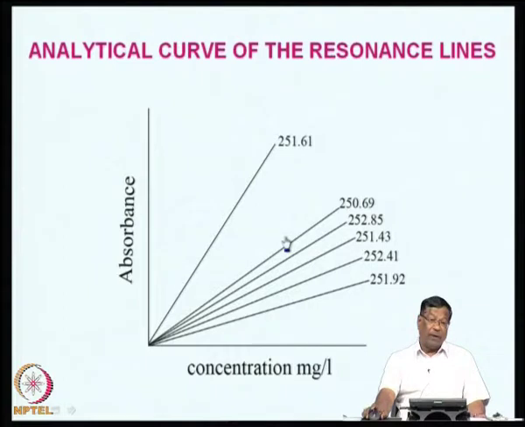In this case, you are getting a straight line because all are resonance lines, but if you use a band of radiation in which not all the radiations are resonance wavelengths, then you would end up with a curved calibration curve which is not linear.